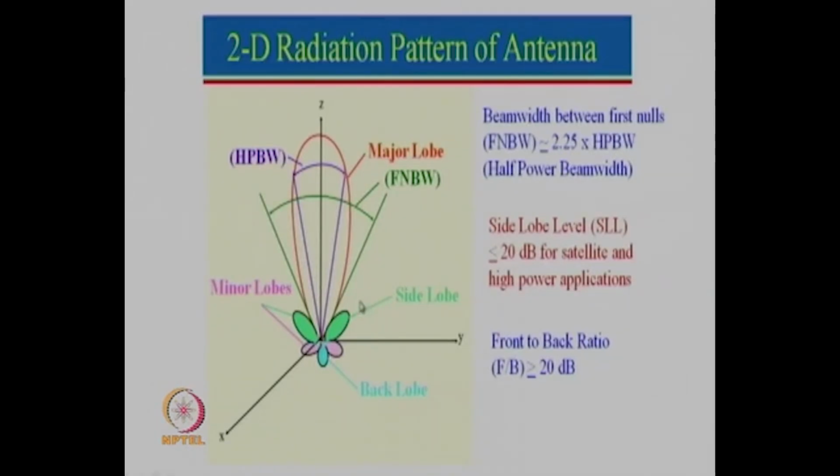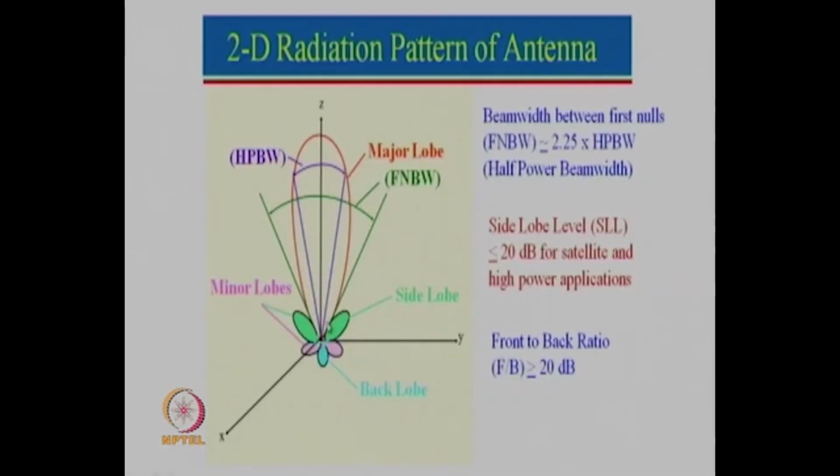Then the side lobe levels. Now side lobe level we will see in time to come that if we feed arrays with uniform amplitude, side lobe level is just about 13 dB or so. However, for satellite and high power application we want side lobe to be less than 20 dB. So just imagine a high power transmitter which is transmitting, let us say 1 kilowatt power in this direction.